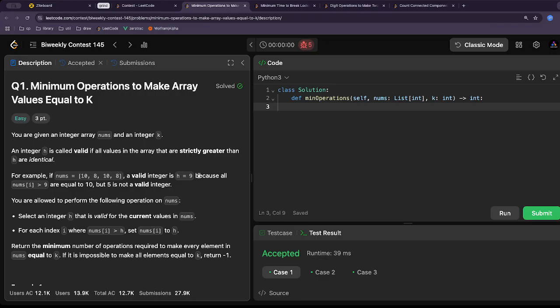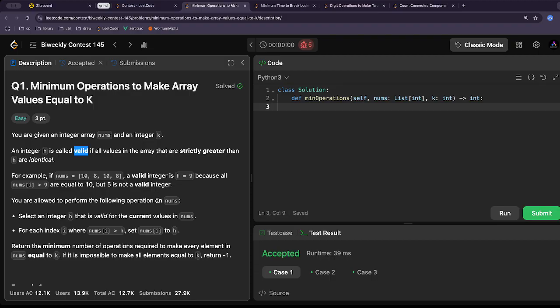So 9 is valid because the numbers that are strictly greater than 9 are only these two tens, which are identical, right? But 5 is not, because in that case we're going to have 8s and 10s that are greater than 5. They're different. So they define this valid thing.